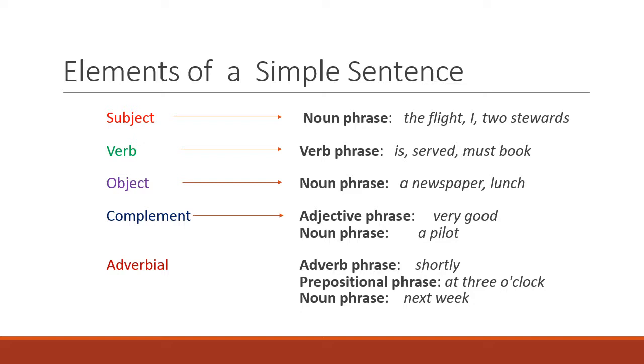So what we observe from this is that a noun phrase can be part of a subject, an object, a complement, or even an adverbial. In this video, we are going to discuss the noun phrase in detail.